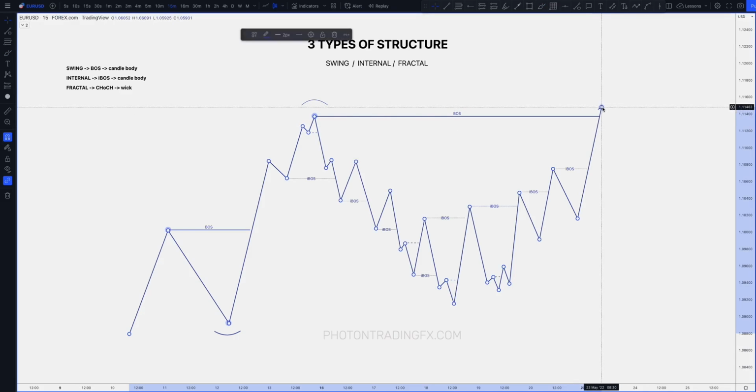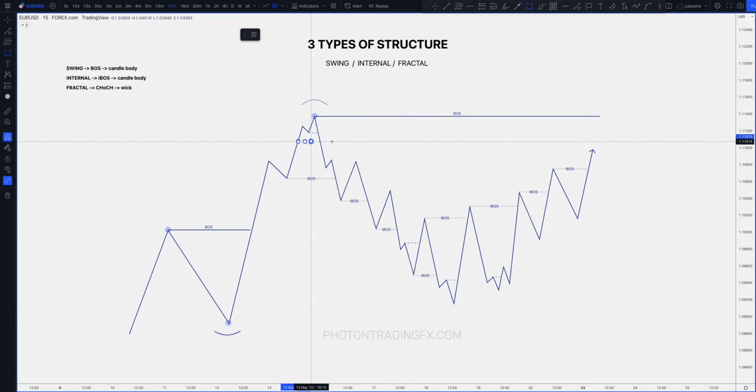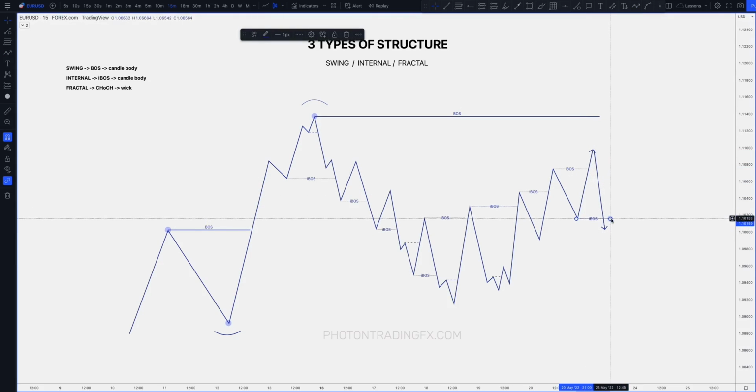Now, how else we can use that information is, let's say we get that internal BOS, but we haven't yet taken out this swing high. Again, I know this is a little bit ahead of what we've learned, but there may be a supply level up here. We come into a level up here, and then price comes down and takes out this internal low. So now what have we had? We have had a bearish internal break of structure. So now the internal structure is bearish.